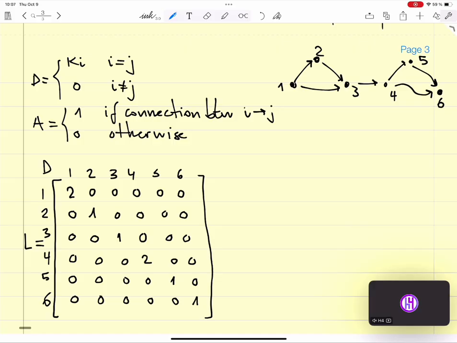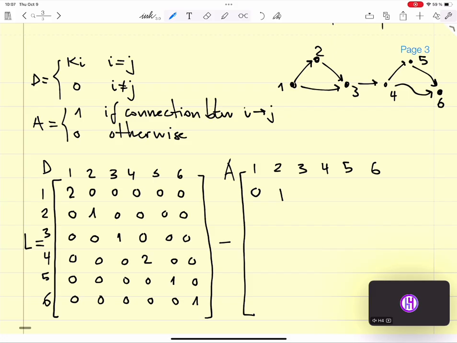Minus the adjacency matrix. The adjacency matrix is just connecting the nodes 1, 2, 3, 4, 5, and 6. So node 1 to node 1, no connection. Node 1 to node 2, connection? Yes, so I paint a 1. Node 1 to node 3, connection?